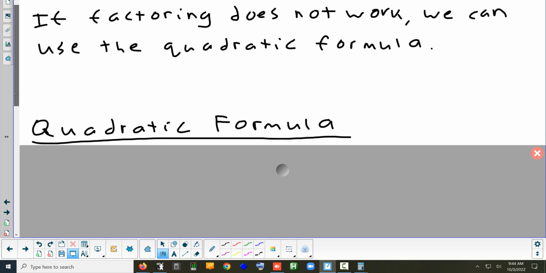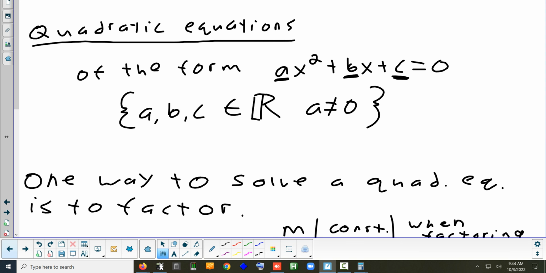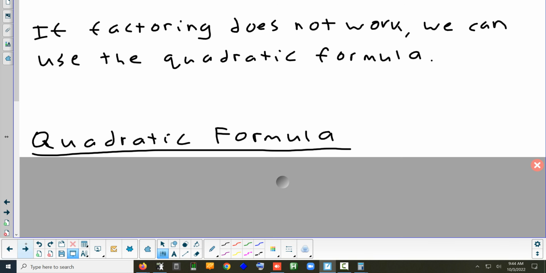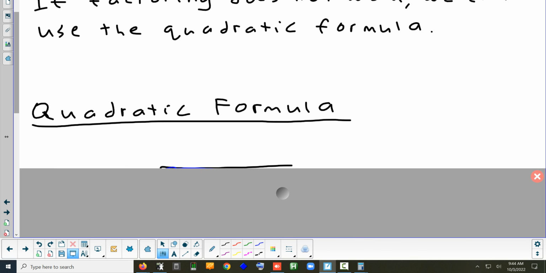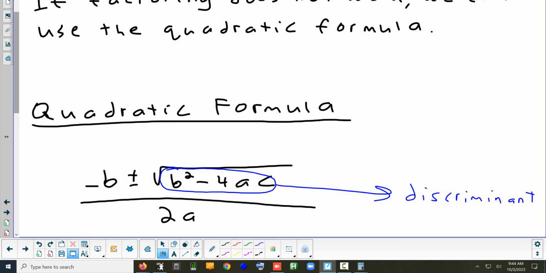Does anybody remember what the quadratic formula is? And I'll give you a hint. It has something to do with A, B, and C. Negative b plus or minus the square root of b squared minus 4 times a times c, divided by 2a.